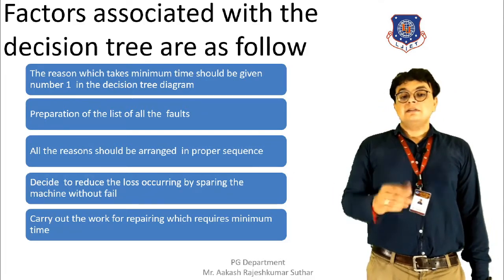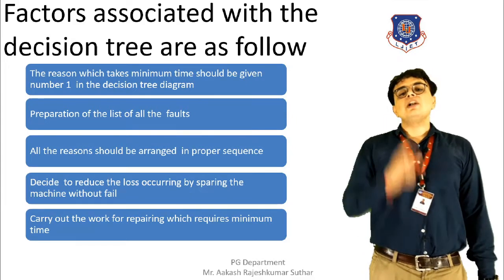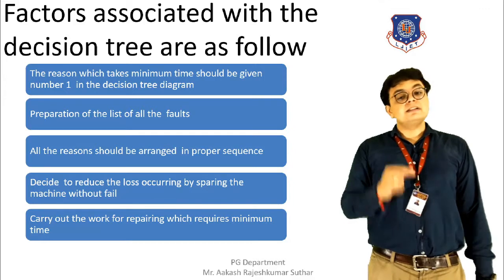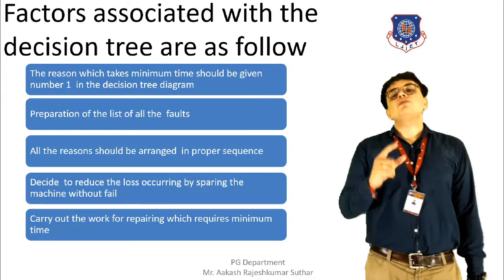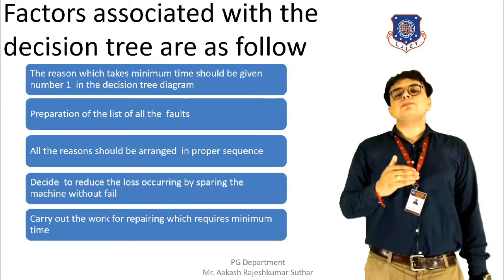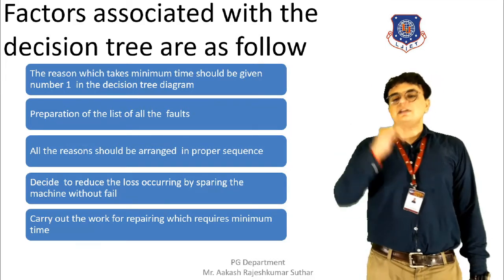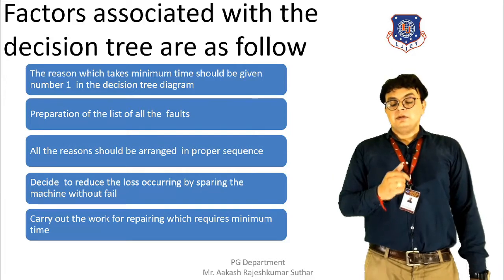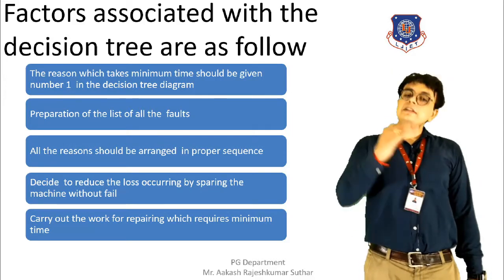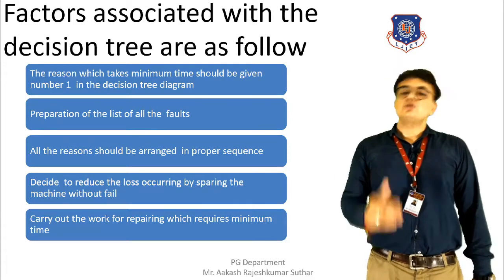The next thing that is required is to decide how to reduce the loss occurring from sparing the machine without fail. The loss that is caused because of the sparing of the machine should be taken into consideration. We need to carry out all the repairing work that is required.